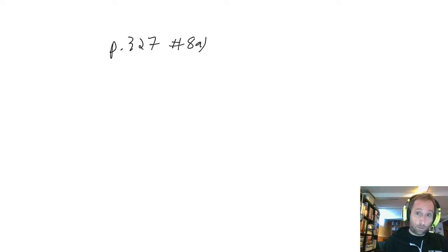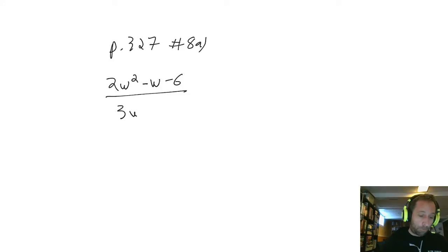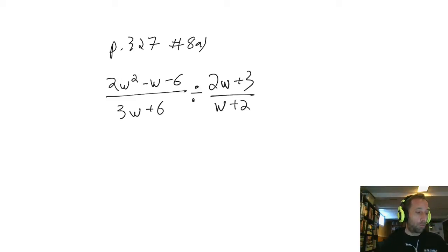So this is express each quotient in simplest form, and it says identify all non-permissible values, so you want to state any restrictions. Okay, I'll start that momentarily. If you're working alongside me, you can take a moment and copy it down.